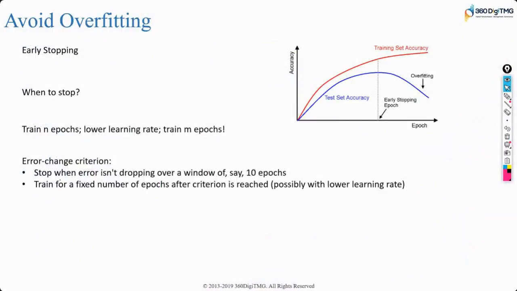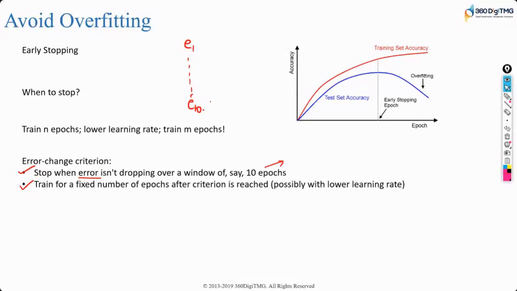Here there is a variant of that. The variant is that you train your model for a fixed number of epochs after the criterion is reached. So say your error is not reducing by more than 5% in 10 epochs, from epoch number 1 until epoch number 10.